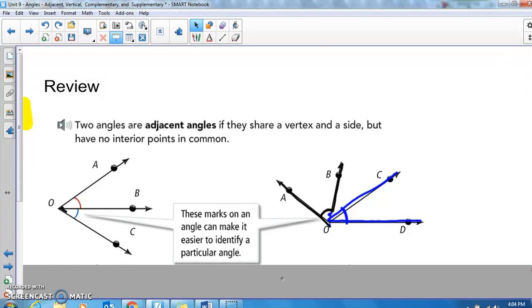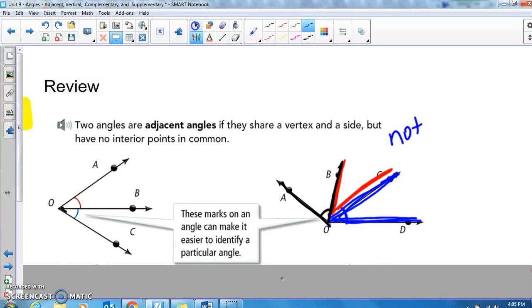Well, if you look in the middle, you have this right here in between them. So does angle AOB and does angle COD, do they share a common side? No, they do not. So these are not adjacent. Okay.